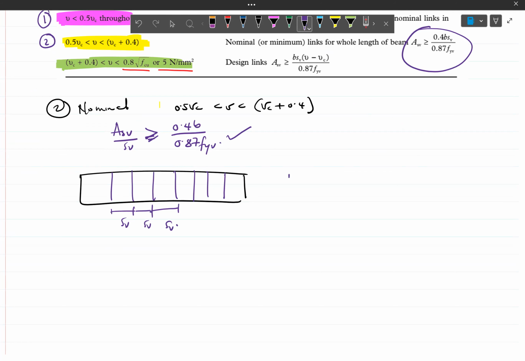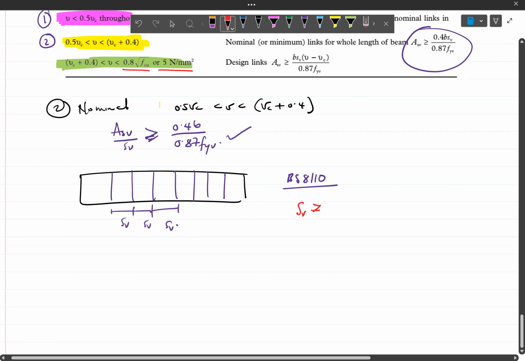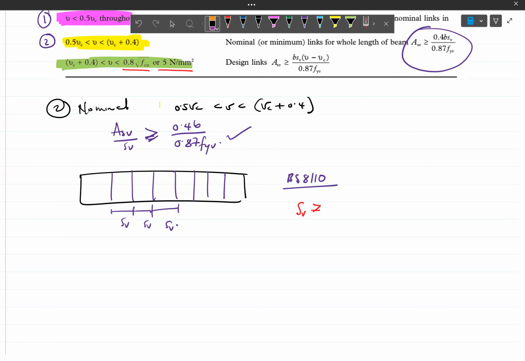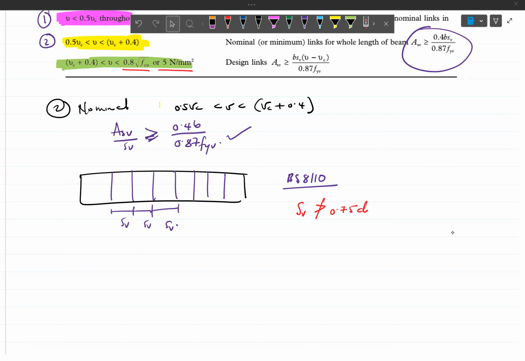The code, BS 8110, states or recommends that our spacing should not exceed 0.75 the effective depth. Okay. So let's take a note of that. All right, it should not exceed 0.75 D.